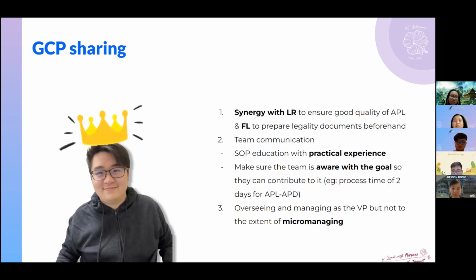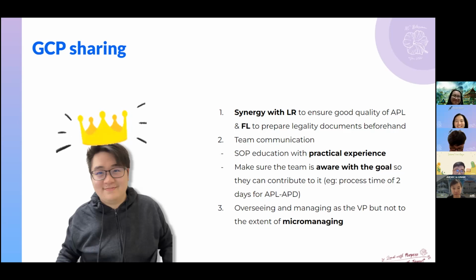And then only we will pass the message to our team and also communicate the goal with them. So for example, for me, I set a process time goal of 2 days API to APD with the team, and everyone is aware of it and everyone is contributing very hard to maintain it. Currently it's 1.5, hopefully it doesn't go over 2 days.